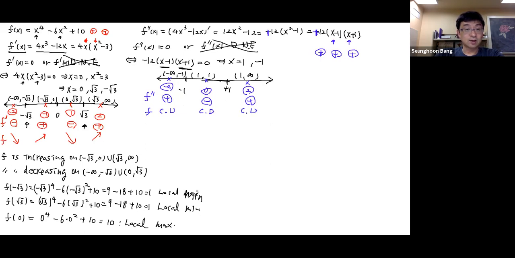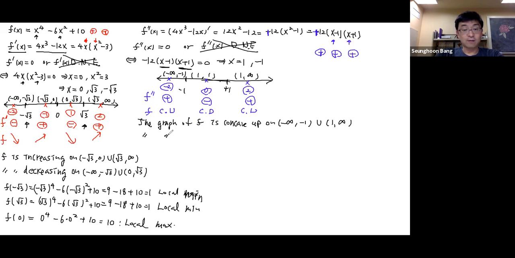So what is the answer? The graph of f is concave up on 2 intervals: minus infinity to minus 1, and 1 to infinity.